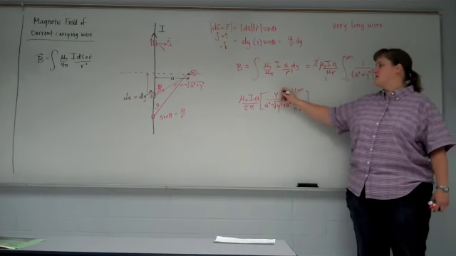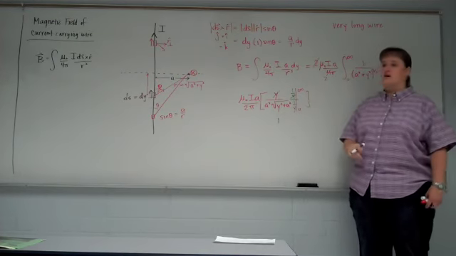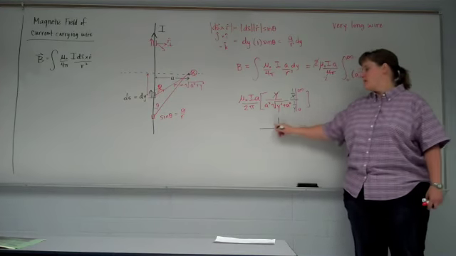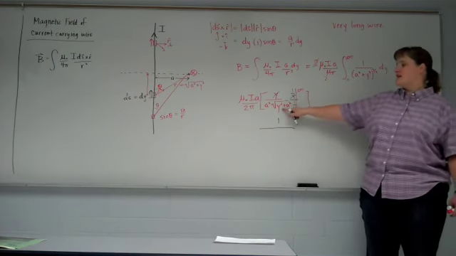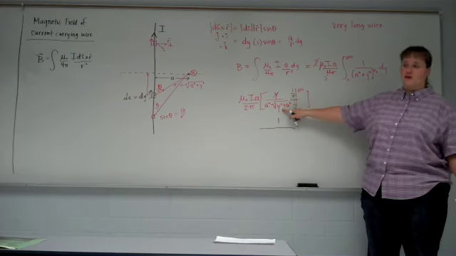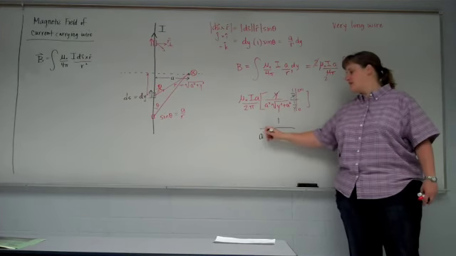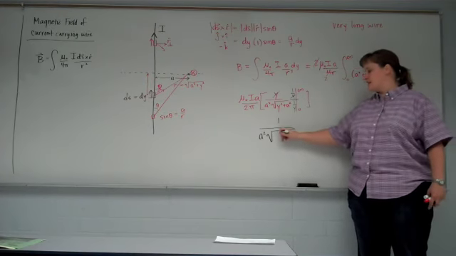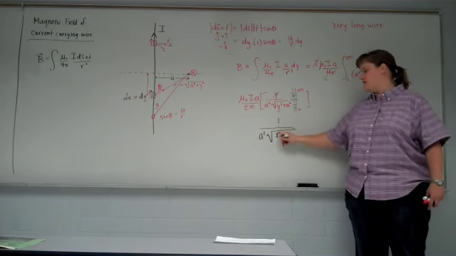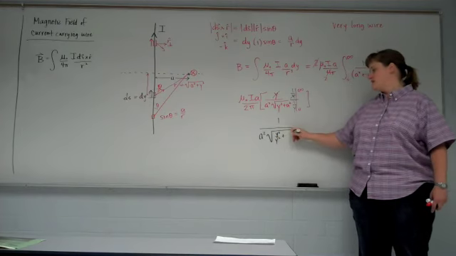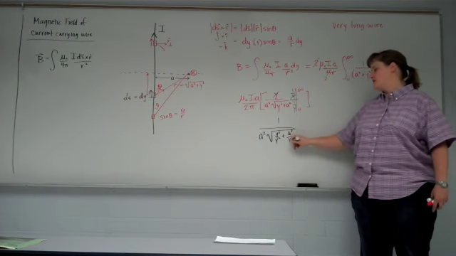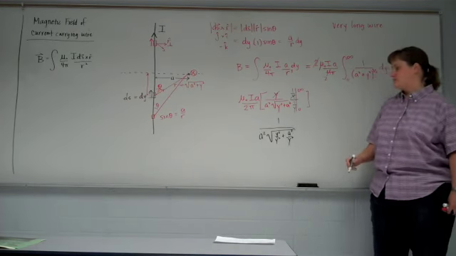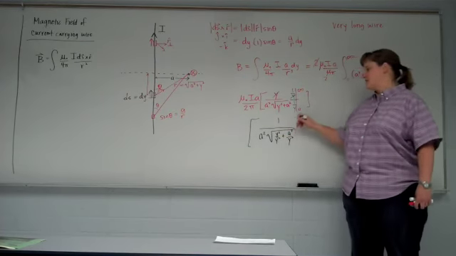What that does is this y cancels with that one, so I get a 1 in the numerator. I want to bring this y under the radical sign, so I have to square it. So I'm still going to have my a squared there. But when I bring this under the radical sign, I'm going to get y squared over y squared plus a squared over y squared. So that's my inside quantity.